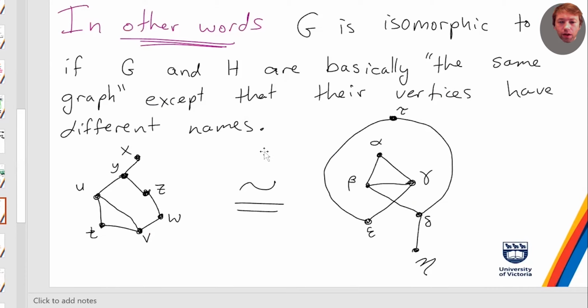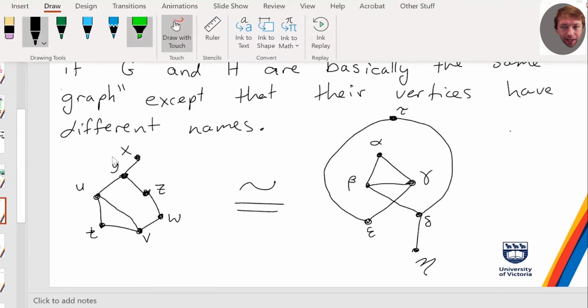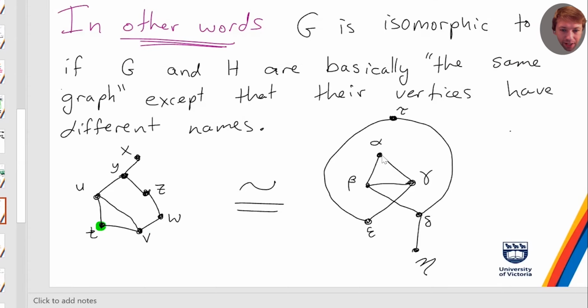So, okay, here's an example. These graphs I claim are actually isomorphic. They don't look quite the same because I've drawn them differently, right? But if you just think of the adjacencies between the vertices, you can see that they're kind of the same. For example, if I look at the vertex t, I'm going to color code things.